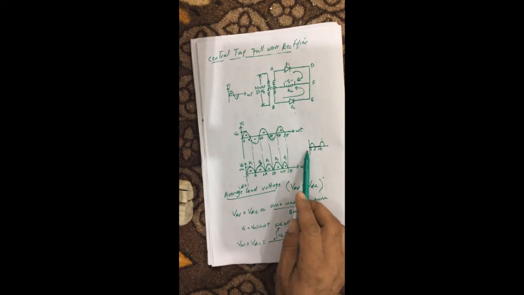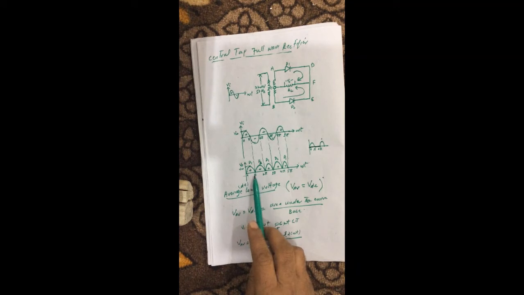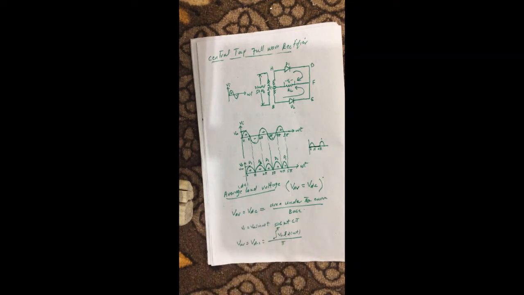In the half wave rectifier it was from 0 to 2 pi, but here it's from 0 to pi because the periodicity is from 0 to pi. Then from pi to 2 pi again we have the same shape.